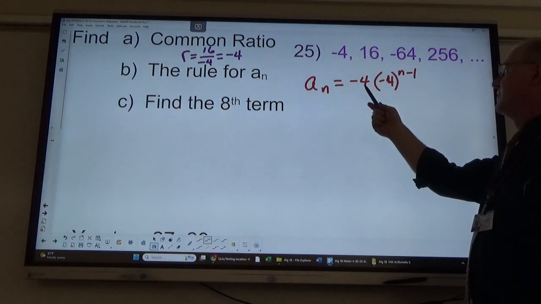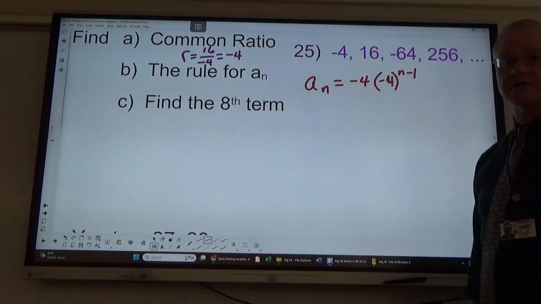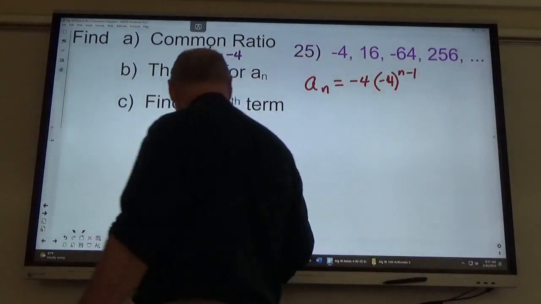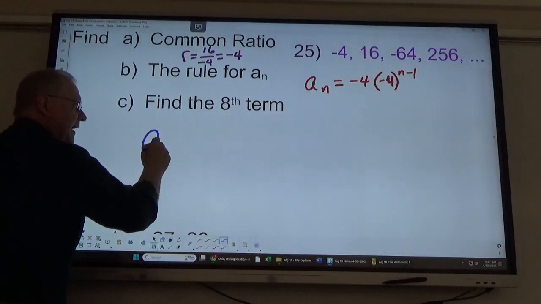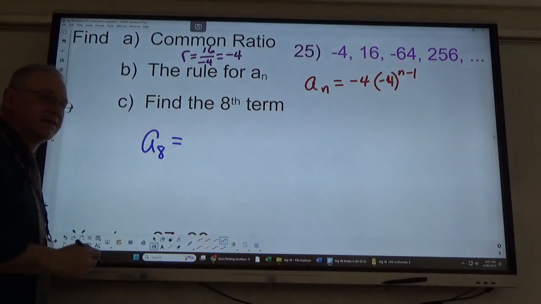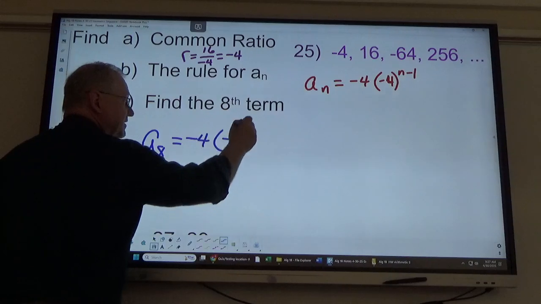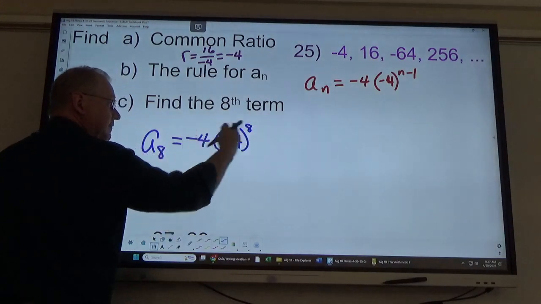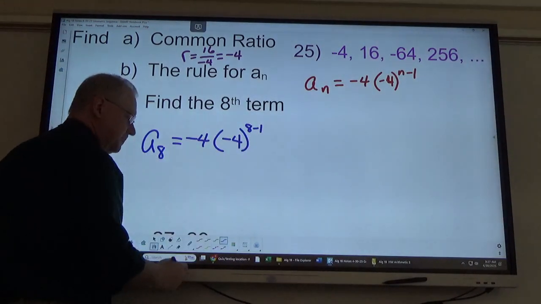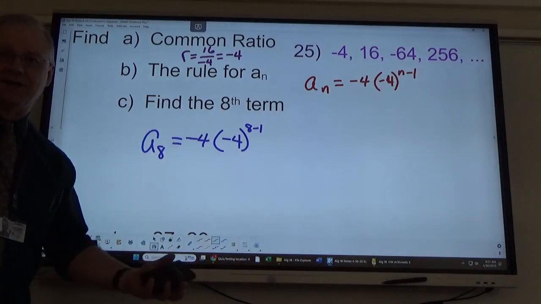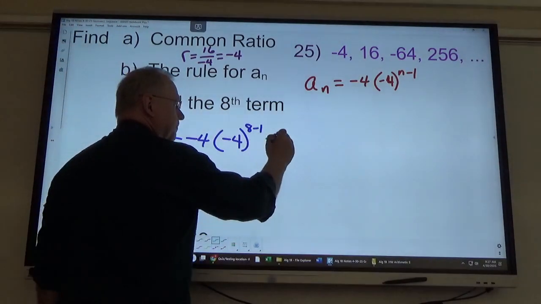Now it's coincidental that a sub 1 and r are the same value. A sub 8, well, that's nothing more than -4 times -4 to the 8 minus 1. Well, what is 8 minus 1? It's 7.